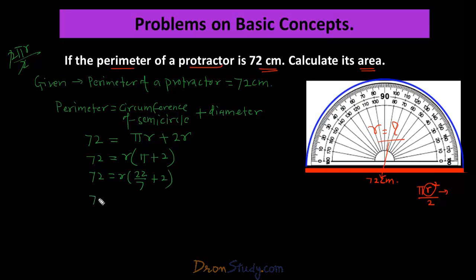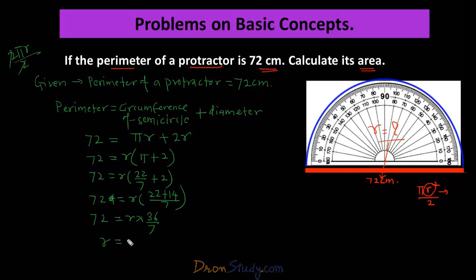So 72 is equal to r into bracket (22 plus 14) by 7. So 72 is equal to r into 36 upon 7. Take 36 upon 7 to other side.